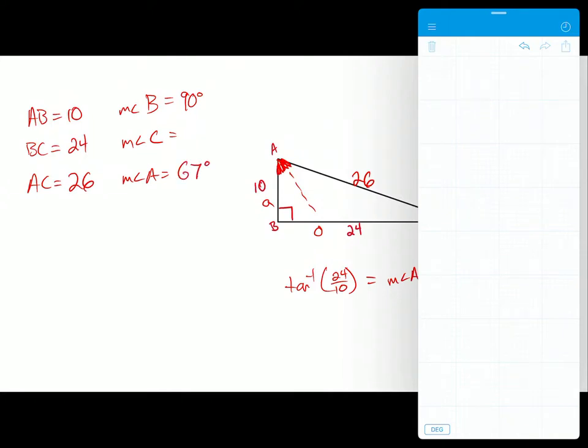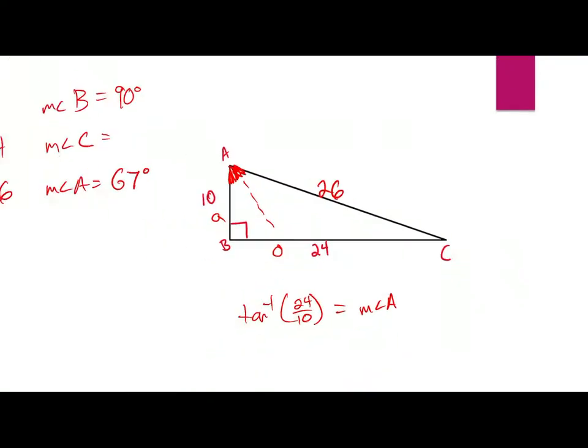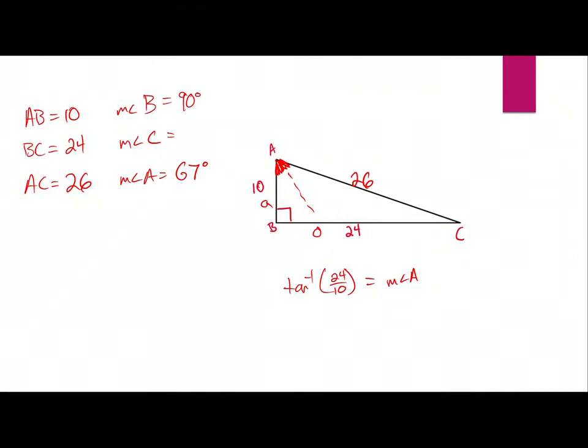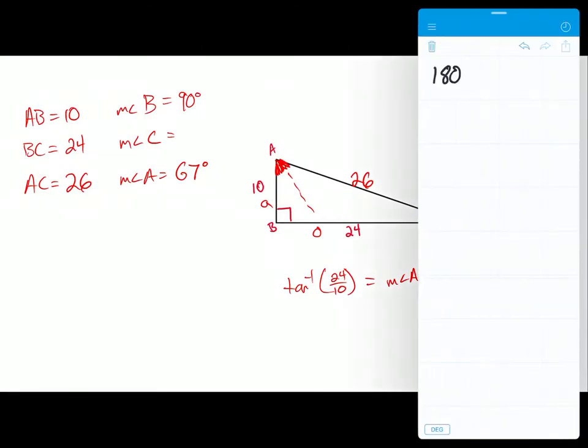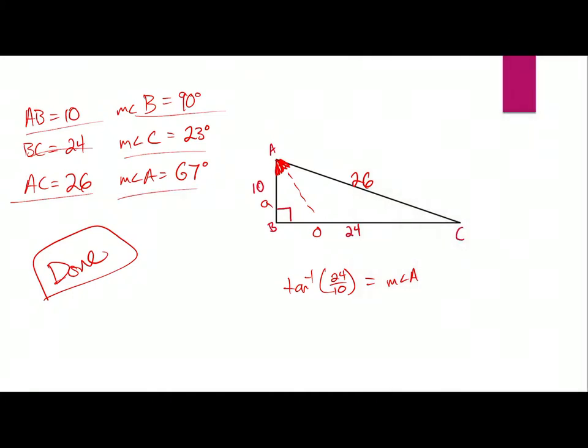Now finally, to find the last angle, angle C, all I have to do is subtract from 180, because I know that there's 180 degrees total, so I'll take 180 minus 90 minus 67. That gives me 23 degrees. Now I have officially solved this right triangle. I found all 6 parts: 1, 2, 3, 4, 5, 6. All right, let's move on to the next example.